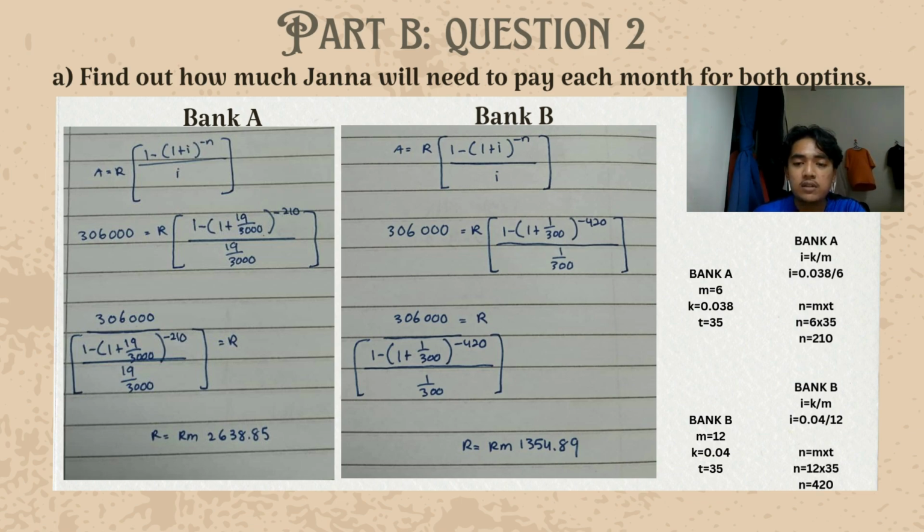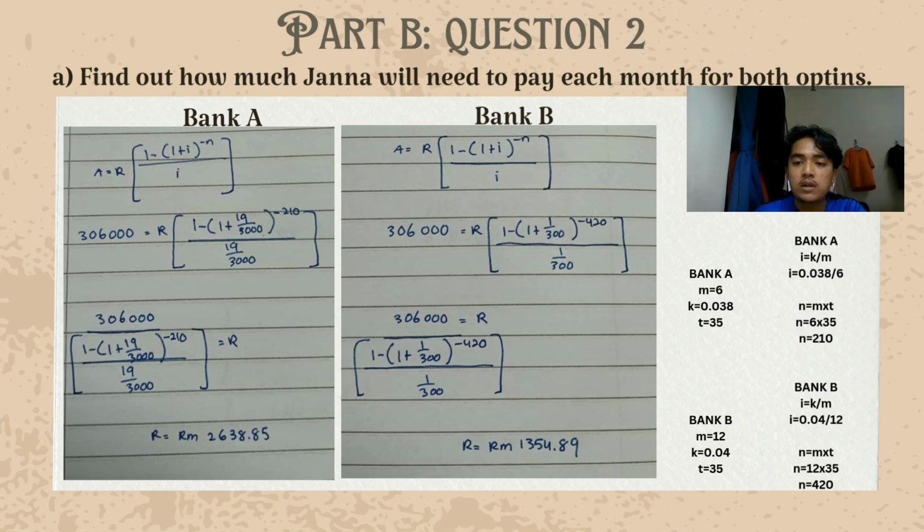Then we just need to move the bracket to the left to get the R, and then use our calculator, and we got R equal to RM 2,638.85 cents.